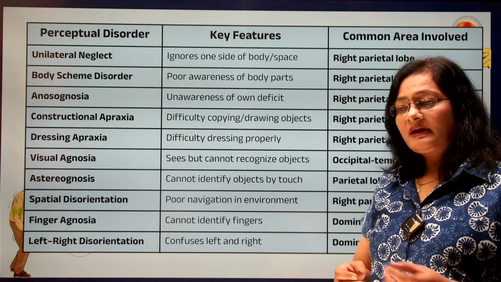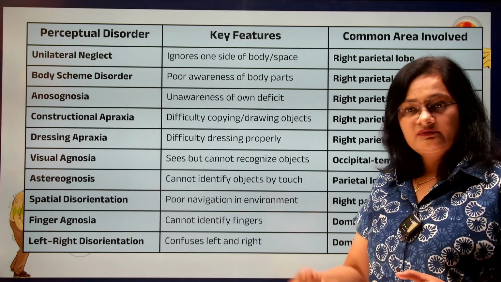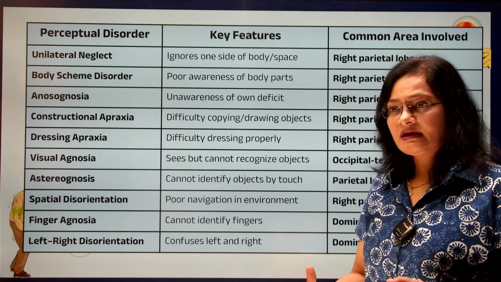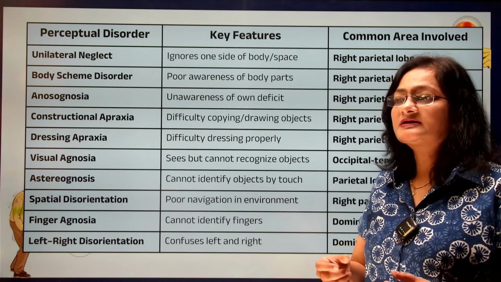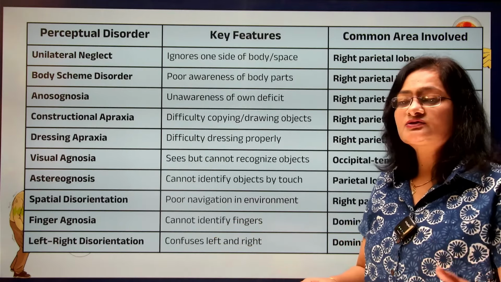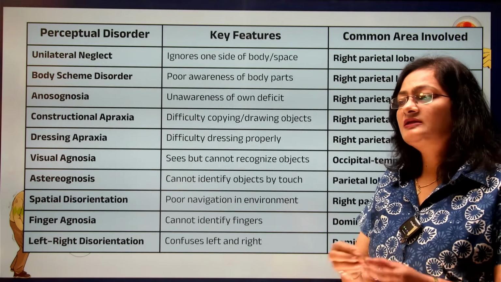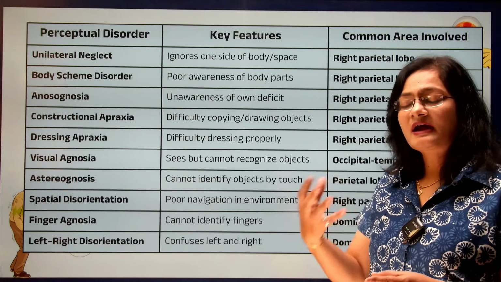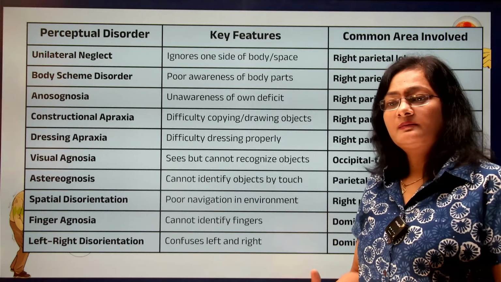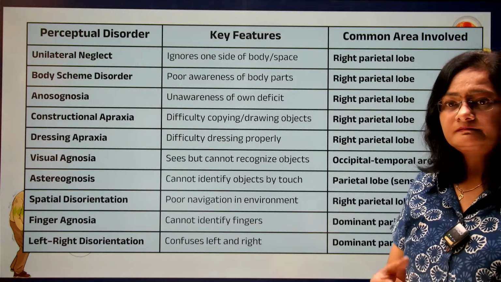For example, if I manipulate anything with my eyes closed, say a pen or key or coin, I'll be able to name that this is a key, this is a coin. But a patient with astereognosis, when manipulating the object with eyes closed, will not be able to identify it. So that is astereognosis.